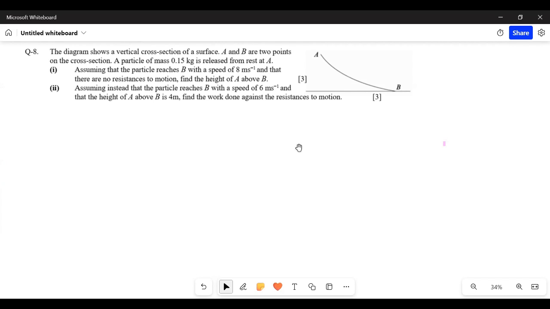A particle of mass 0.15 kg is released from rest at A. So U is 0 at A. Assuming that the particle reaches B at a speed of 8, so V would be 8, and there's no resistance to motion, find the height of A above B.